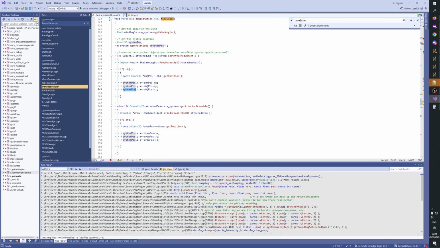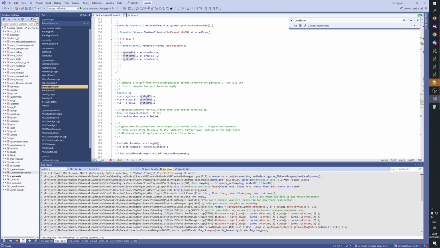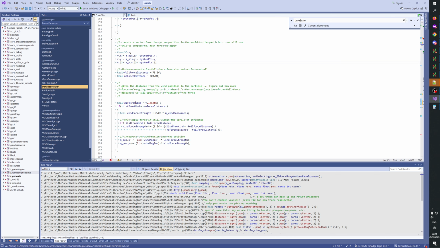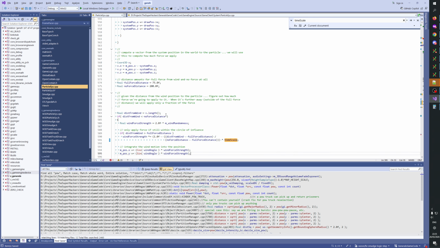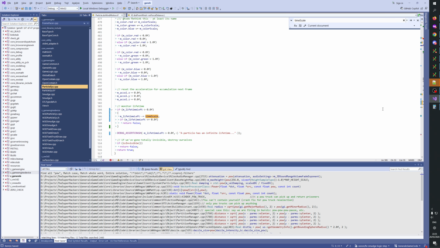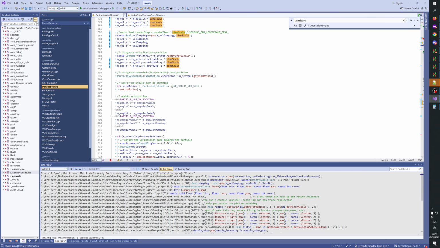This is not something that we scale. So the object position, let's leave that alone. Okay, but here we have something. Dist from wind. Here we scale this one. Yeah, time scale. There we go. Okay, I think that's it.